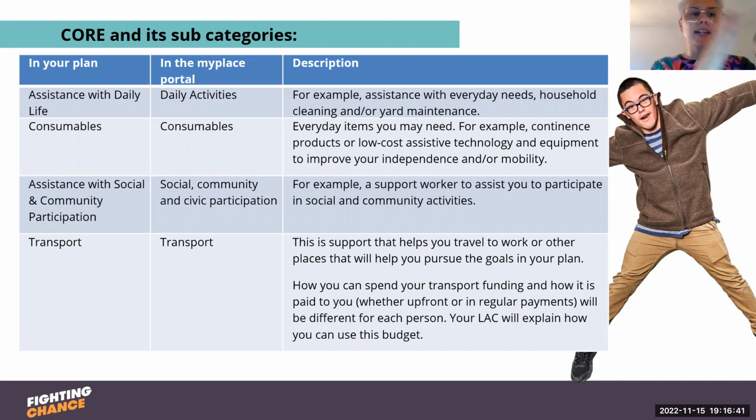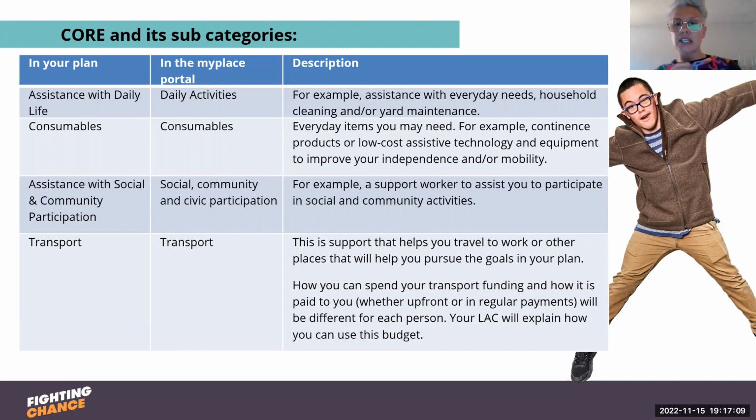So in your plan, it will be assistance with daily life. In the My Place portal, it will say daily activities. And this is, like it says in this table, assistance with your everyday needs, household cleaning and yard maintenance. So it's support in the home. SIL supports, so supported independent living, will come out of here. Short-term accommodation will come out of here.